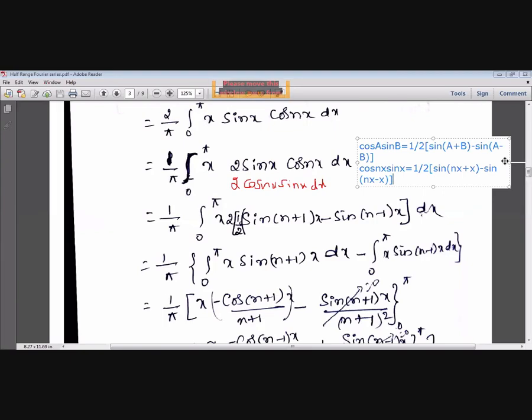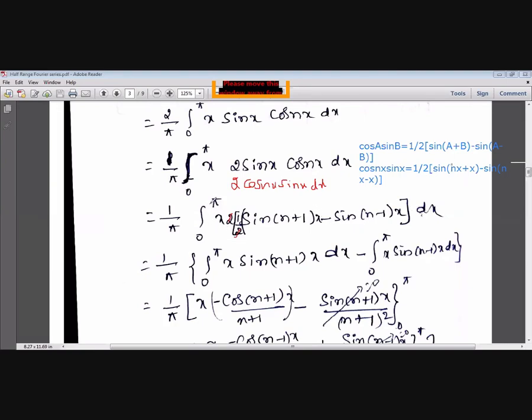Okay, understood now? In this, take x common, we will get sin(n plus 1)x minus sin(n minus 1)x dx. Now cancel out this 2 with the other 2: x sin(n plus 1)x minus x sin(n minus 1)x dx.